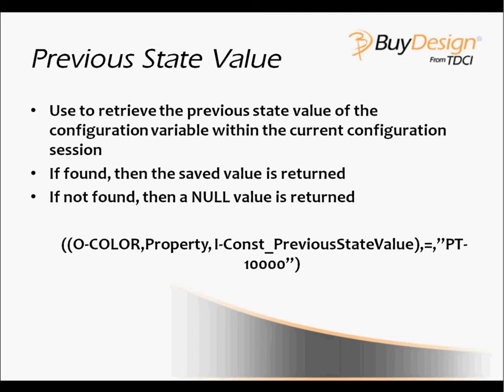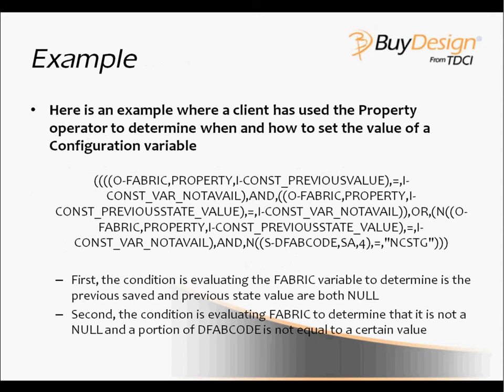All right, I want to give you a real-life example here. We got a call into the help desk. The client needed to determine how to set values for configuration variables, and this is going to work with my reconfiguration. If you look at that expression, I've got bullet points down at the bottom that tell how this works.